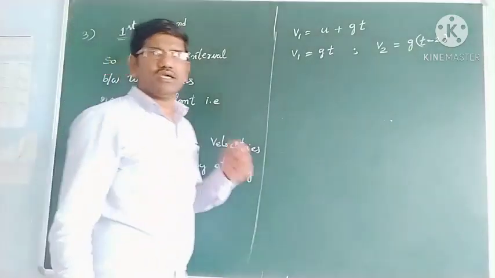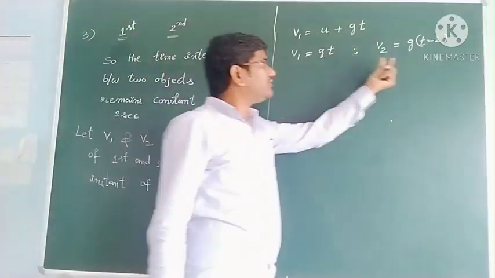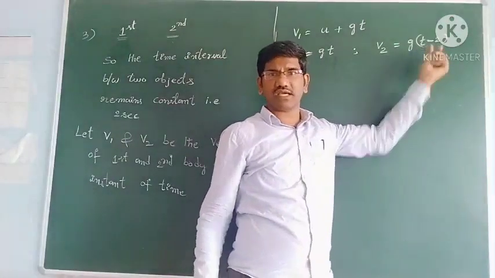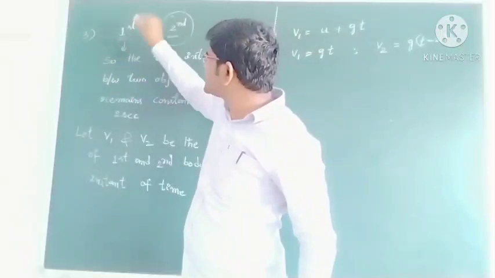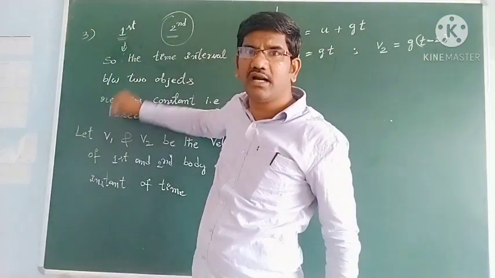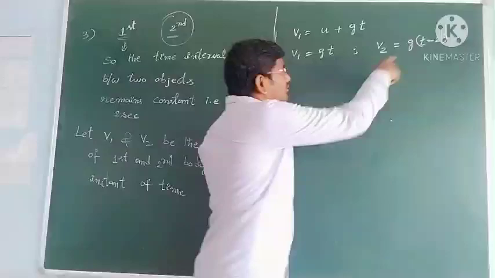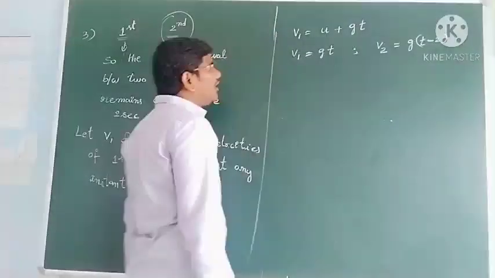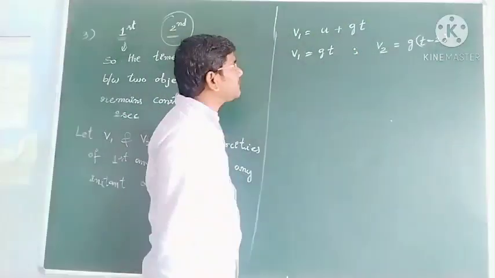Okay students, for the first body the time is 4 seconds, and for this object the time is 2 seconds, because this is dropped 2 seconds later than the first object. The first object is dropped and reaches somewhere, and after that the second body is dropped 2 seconds later, so the time interval remains constant. This is the first object's velocity, and this is the second object's velocity.